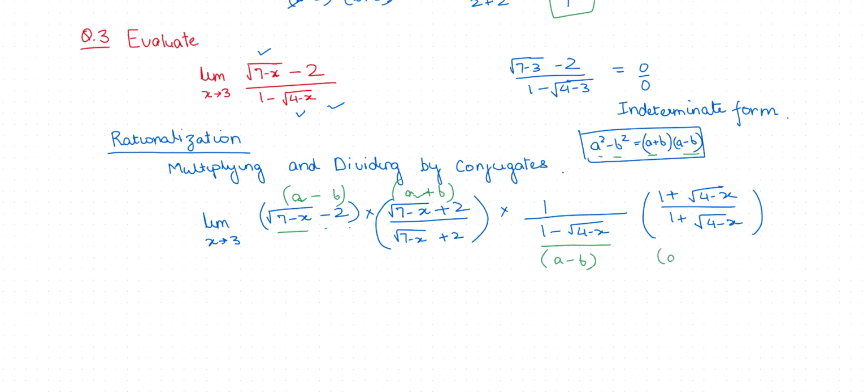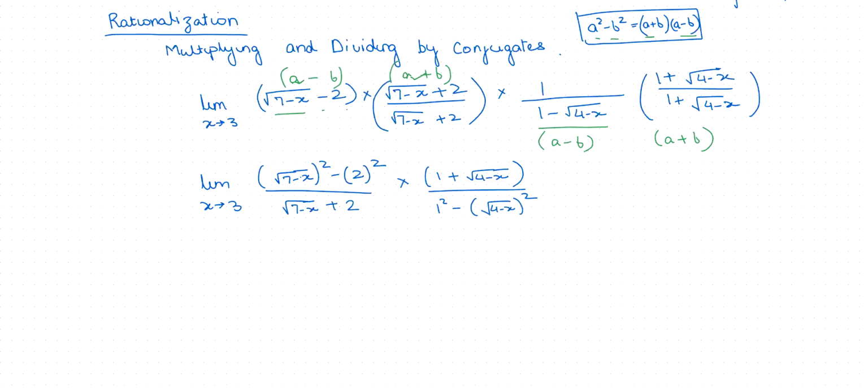So we get a square minus b square in both. Now we know that if we square the square root of m, we get m. So in this case, we just get 7 minus x.